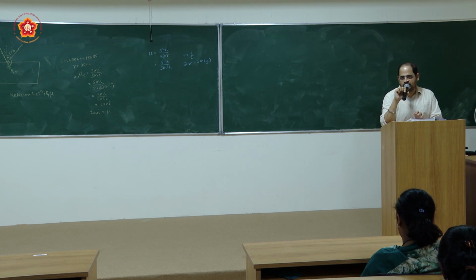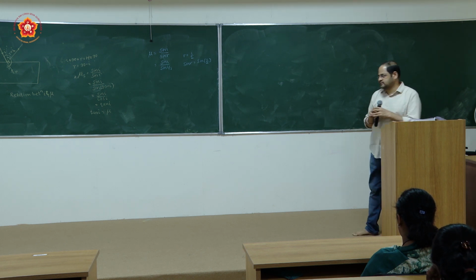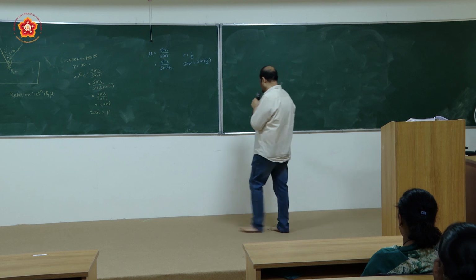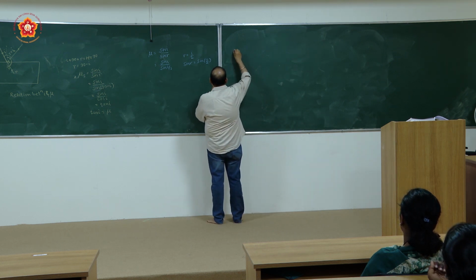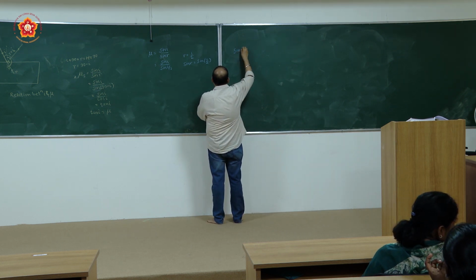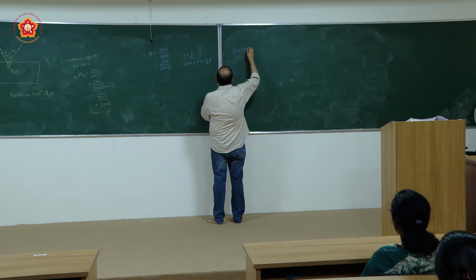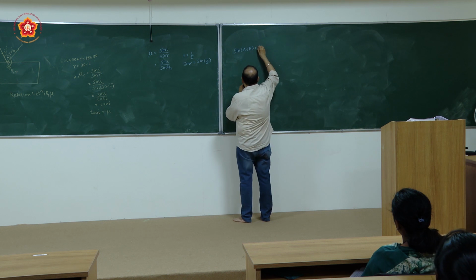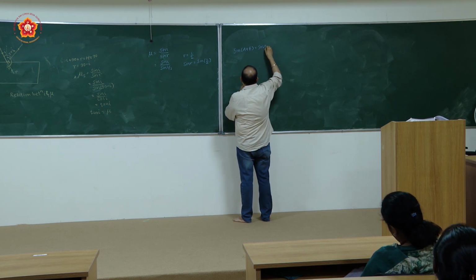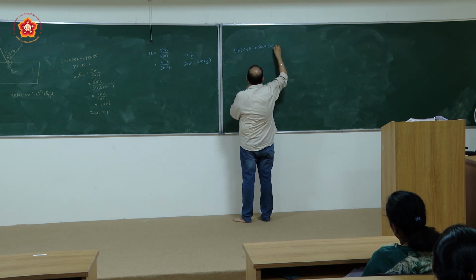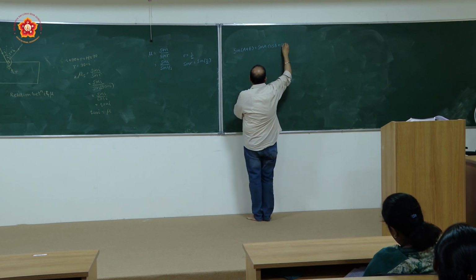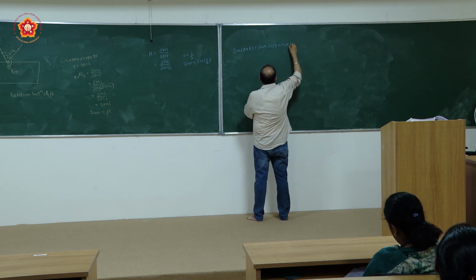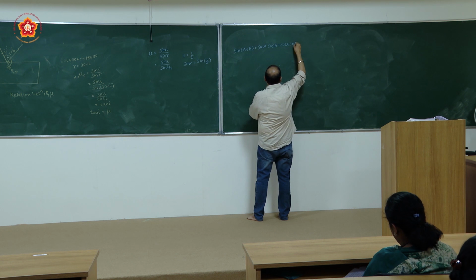Now for that you require some knowledge of trigonometry. So are you aware of the formula here? Sin of A plus B is sin A cos B plus cos A sin B. Right?